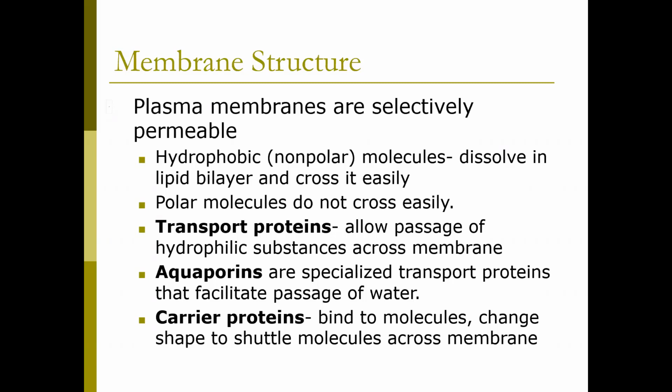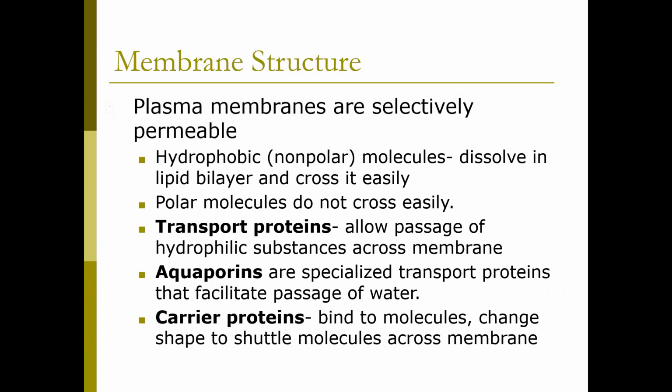Polar molecules, on the other hand, do not cross very easily. So they need to enter the cell usually through some sort of protein that's embedded in the plasma membrane. So I talked to you already about those transport proteins. So they create like a channel that allows the passage of the polar hydrophilic substances across the membrane.